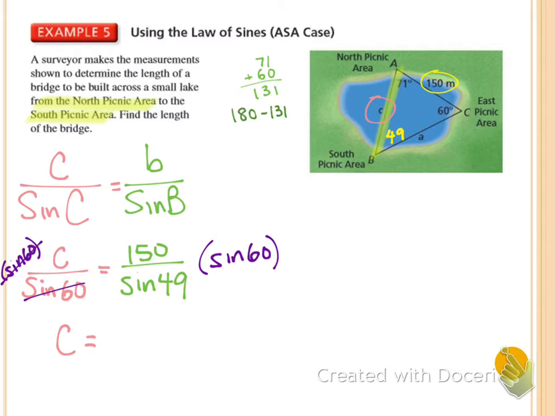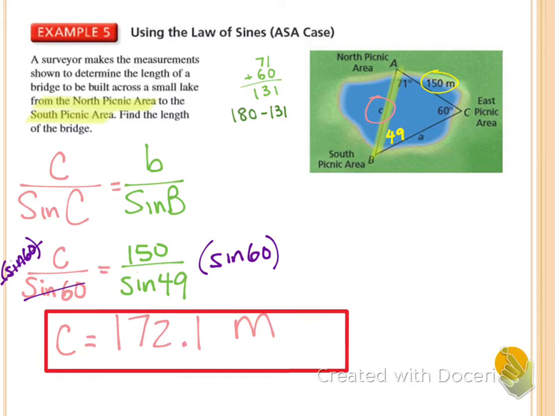All right, so after we type it in, what do we get? 172.1, okay. And then this would be meters, I believe. Questions on the law of sine? At the end of class, we'll use IXL and let you practice the law of sine a couple times. But first, we're going to talk about the law of cosine.